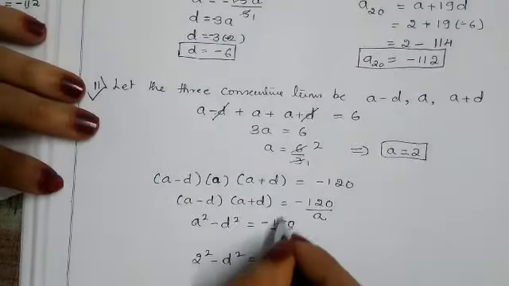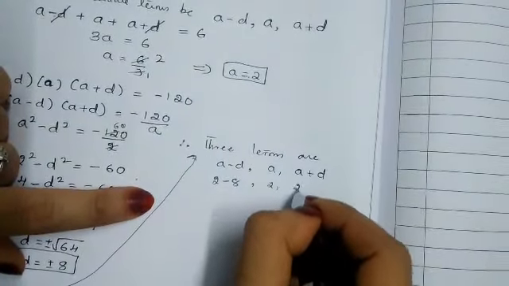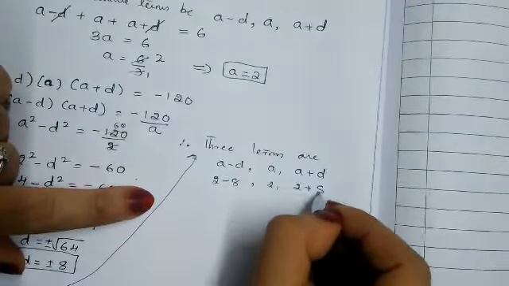Therefore the 3 terms are a minus d, a, a plus d. a is 2: 2 minus 8, 2, 2 plus 8, that is minus 6, 2, 10. These are the 3 terms, or if we take the negative sign, 10, 2, minus 6.